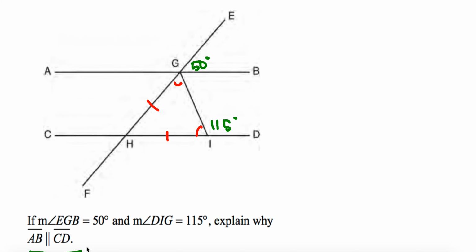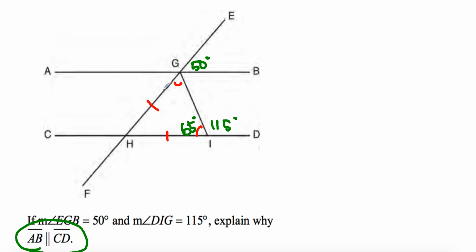In order for us to show that the two lines are parallel, either alternate interior angles are congruent or corresponding angles are congruent as well. We have to figure something like that. Now, we get to see that this is 115. That means this one is, by supplementary angles, 65.